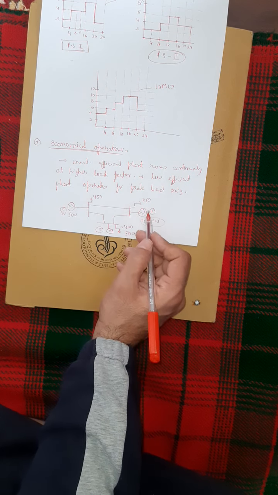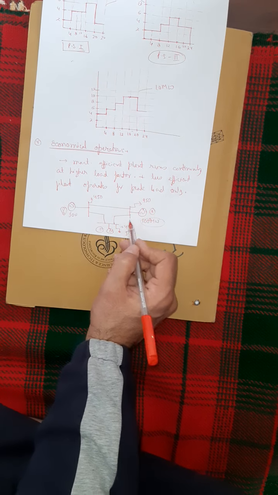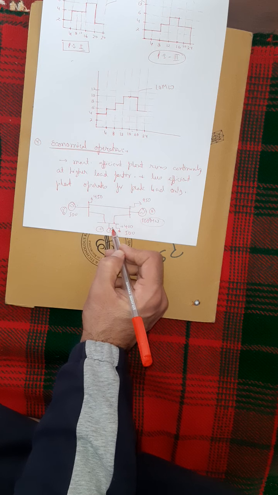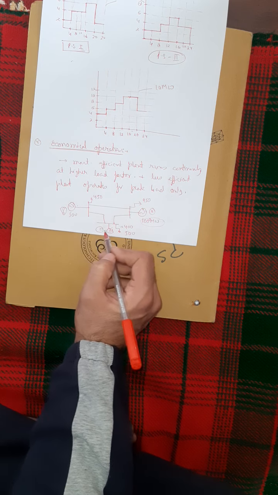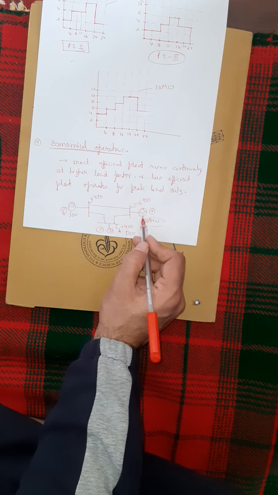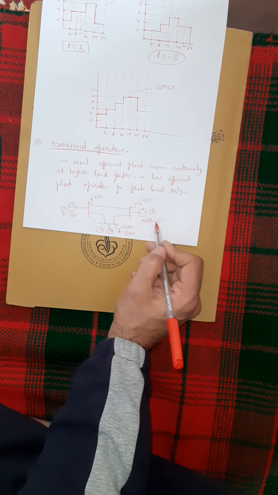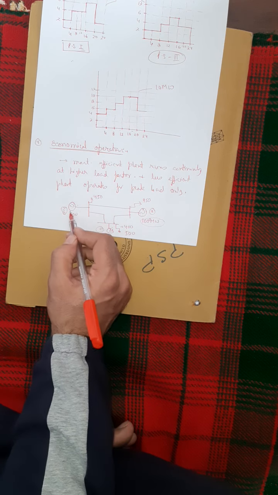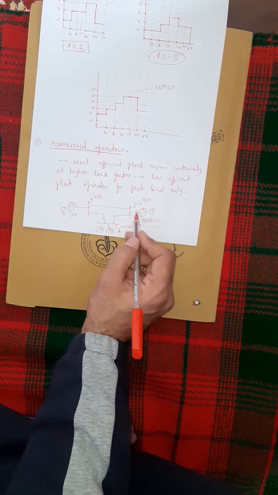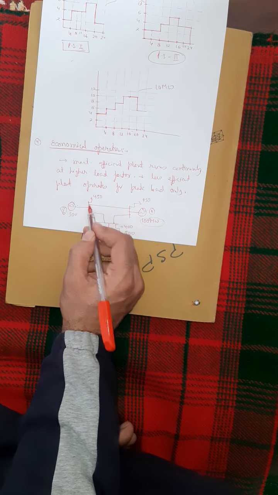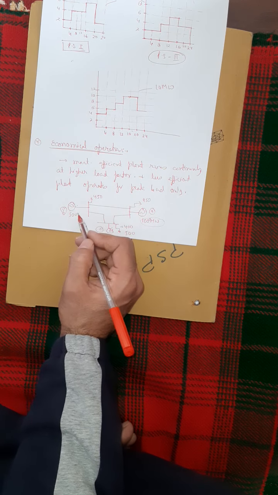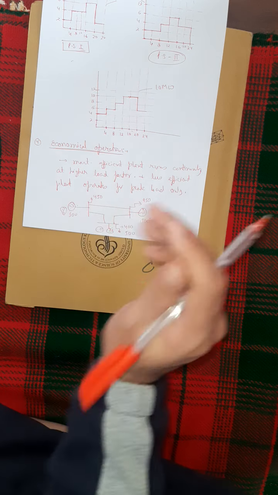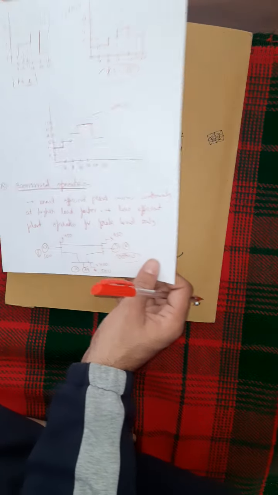The extra 50 megawatt it generates will be supplied to the other two plants, since their generation is costlier. Since plant three is the least efficient, it should receive the 50 megawatt, because the normal tendency is to put less load on the less efficient plant. So this is the economical operation.